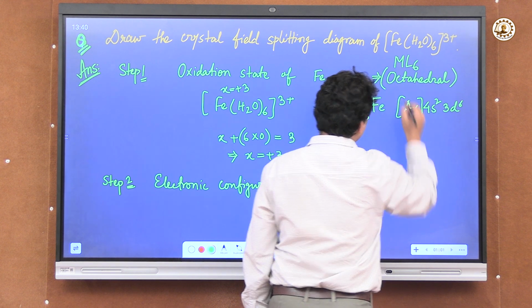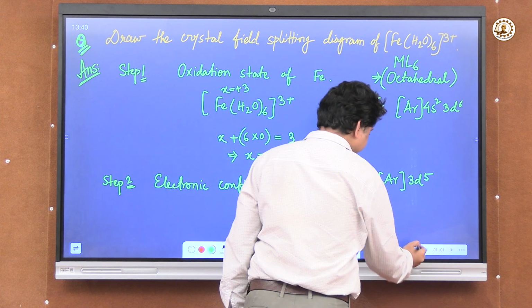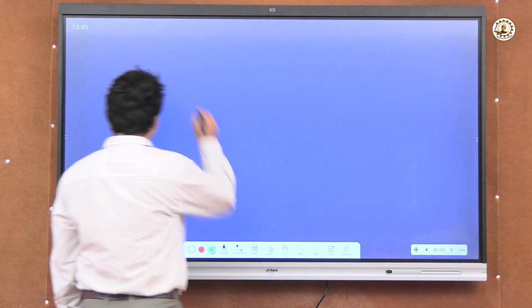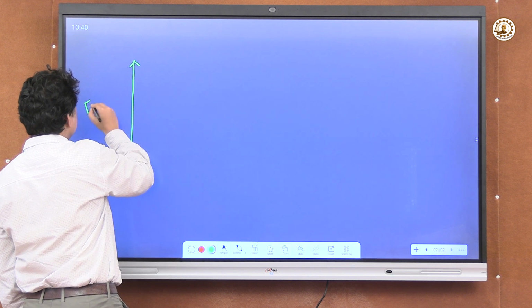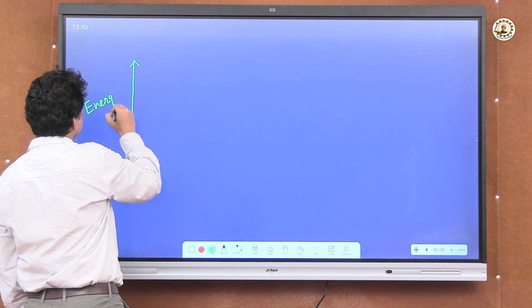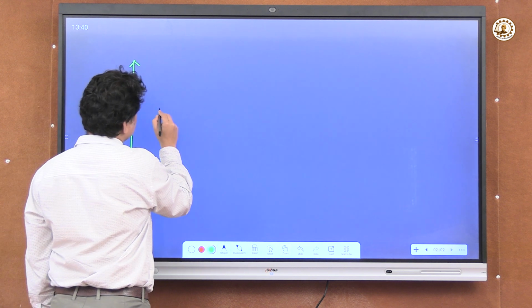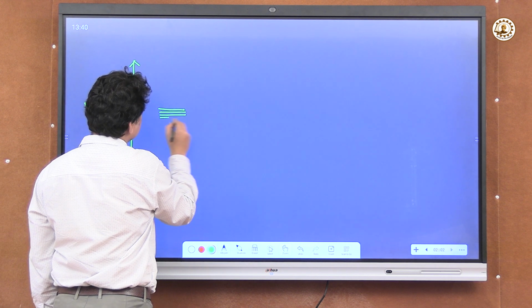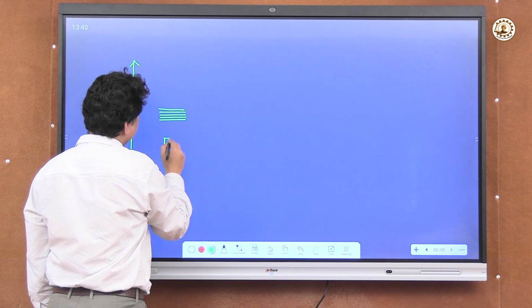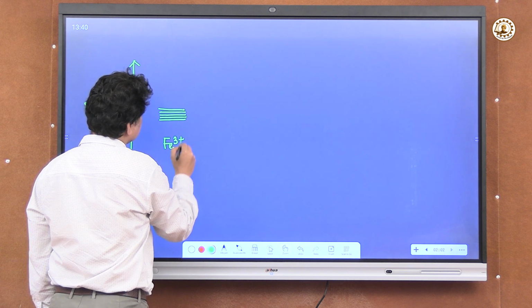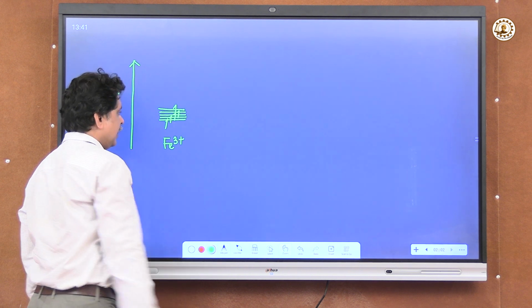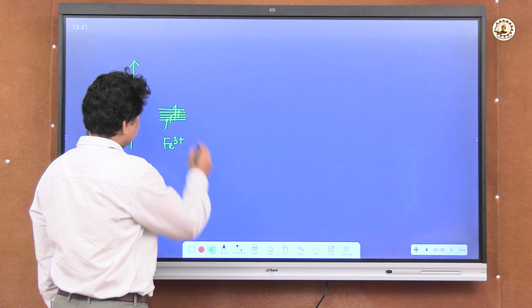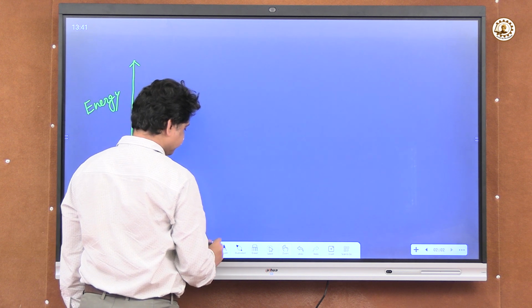In octahedral geometry, if we try to draw the splitting diagram, this is our energy axis. These are the d orbitals of Fe3+, and 5 electrons are there.